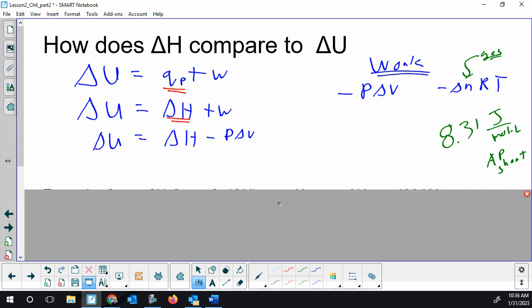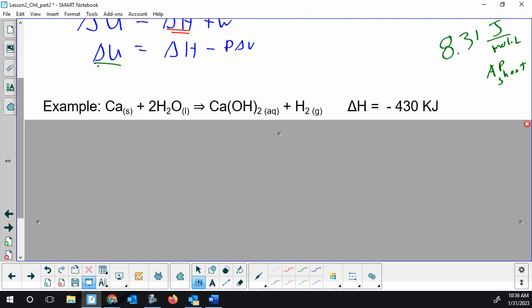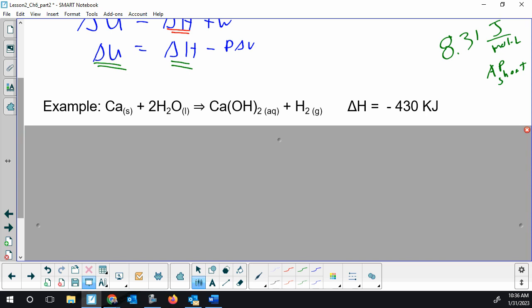So we're going to compare enthalpy and internal energy. How big a difference is it? Is it a 50-50? You know, do they have similar values? So this is the example we're going to build the comparison from.